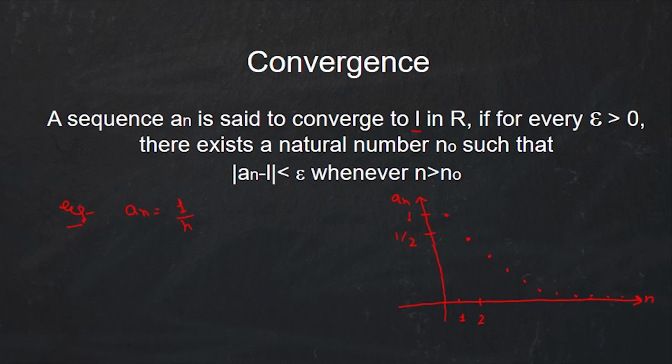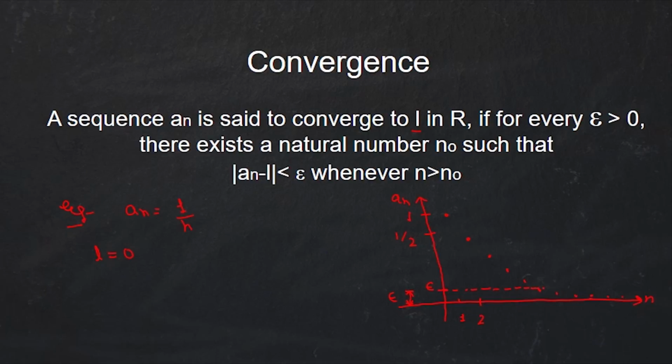So by the definition of convergence, my L is 0, right? The definition says that for every epsilon greater than 0 there exists a number n0. So let epsilon be something here. The length of this line is epsilon. So for every epsilon there exists an n0. Let's draw a horizontal line parallel to the n-axis.